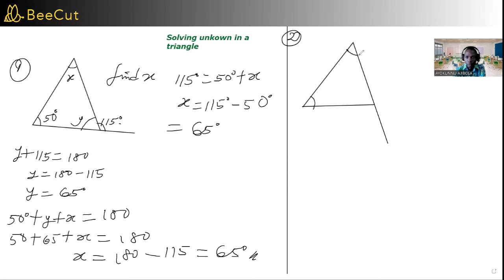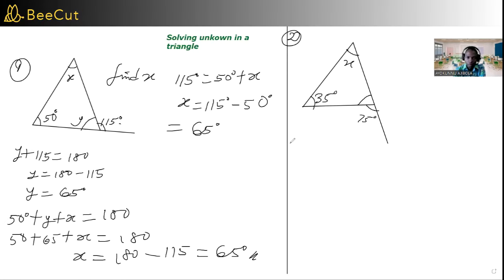This is also an angle, but this is 75 degrees. Then the other angles are 35 and x. So this place is 35 degrees. So I find x. Again, I can say 35 plus x is 75.